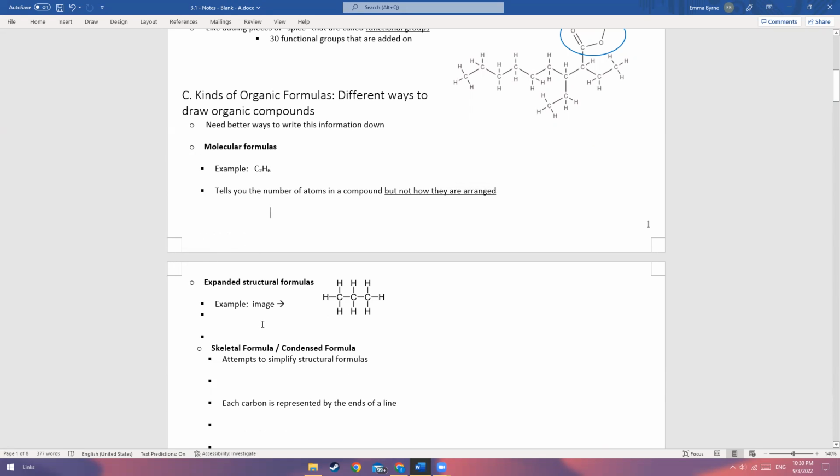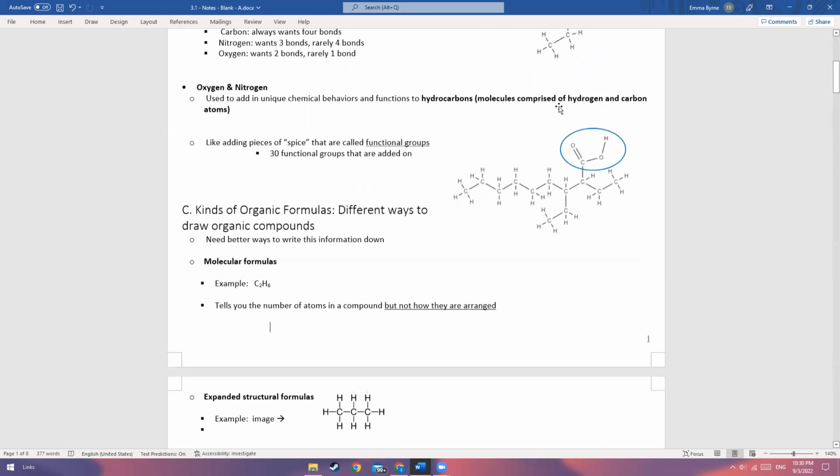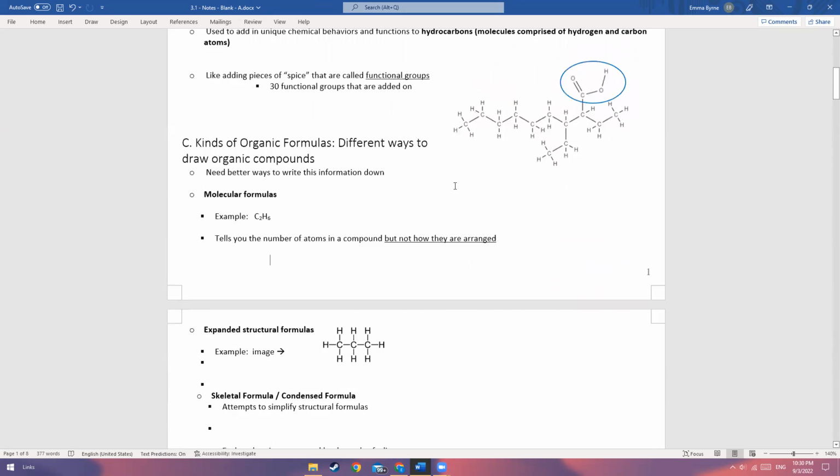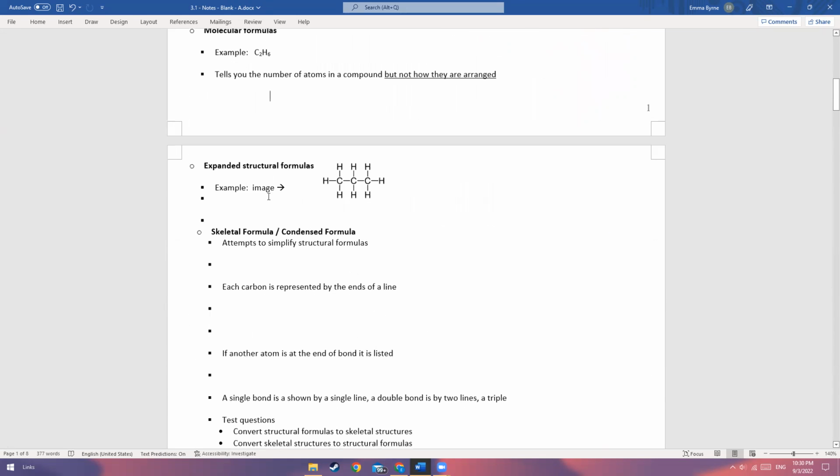The second is kind of what we've been working with all along in our examples above. Those were the expanded structural formulas. So the example here, I think this would actually be propane. So that's 3 carbons and 8 hydrogen atoms. So unlike the molecular formula, the expanded structural formula shows you all the atoms in a compound and how they are arranged.